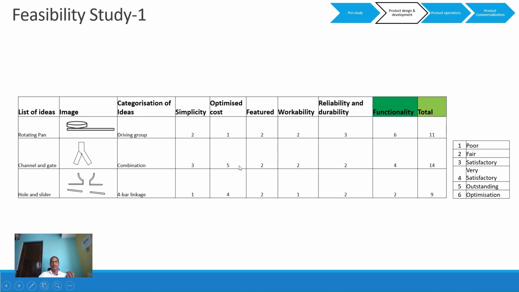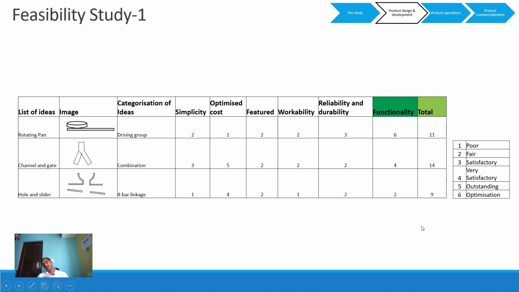Coming to the workability, this is less workable because sometimes the 4-bar linkage mechanism may get stuck up for one reason or another. And coming to the reliability and the durability, this is less durable. So the functionality score goes down for this, and the total score for this comes to 9.